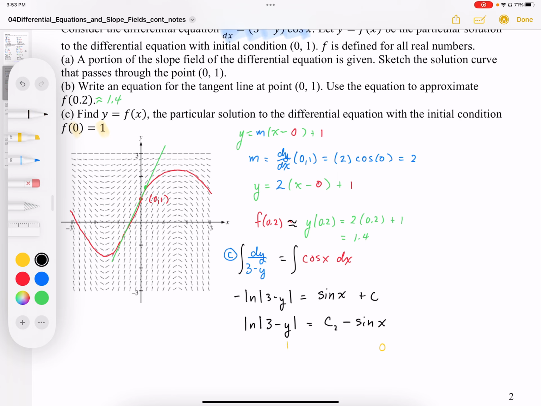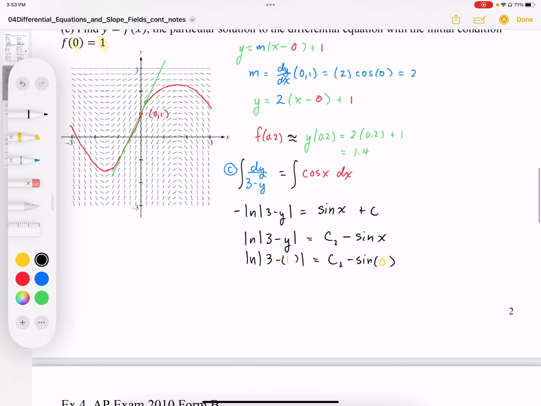When I plug that in, I get log of 3 minus 1 is equal to the c that I'm solving for minus sine of 0. Then sine 0 is 0, log of 3 minus 1 is log 2, so log 2 is the value of c2. So now I could solve for that c2 here.